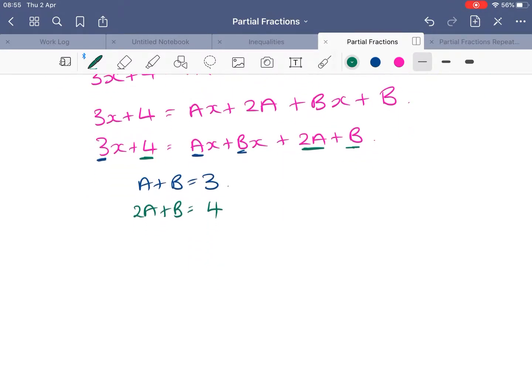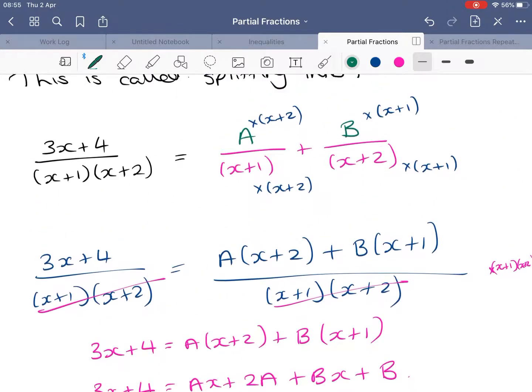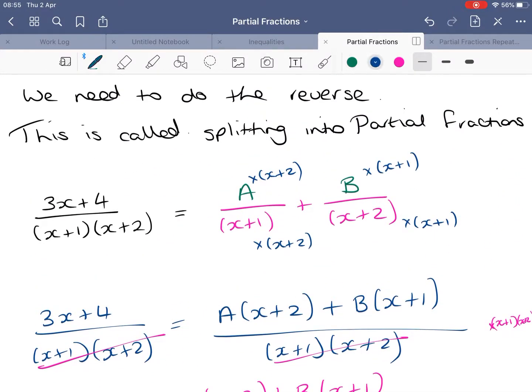And now I've got a pair of simultaneous equations, okay? And hopefully you can see quite a simple pair of simultaneous equations. If I do equation 2, take away equation 1, I'd get a equals 1. And in that case, using equation 1, my b must equal 2. So what I would prove is that my a was the number 1 and the b was the number 2.